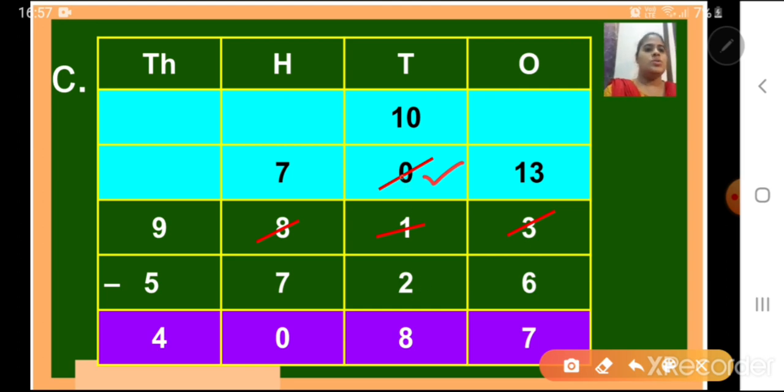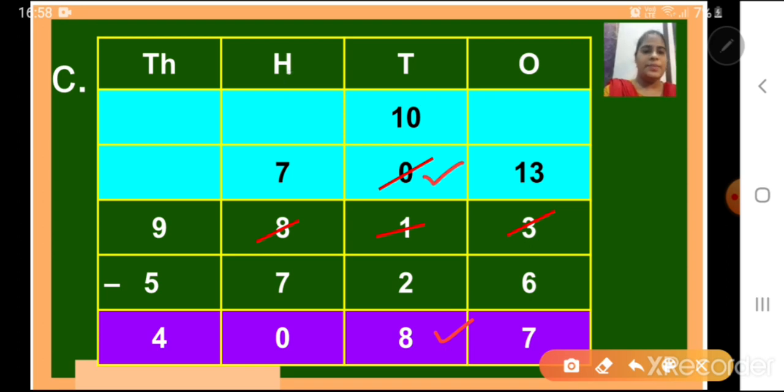No. So 0 will borrow from 8 hundreds. 8 will give 100. So 8 minus 1 is 7. And here we will cut 0 and will write 10. Okay. 10 minus 2 is 8.